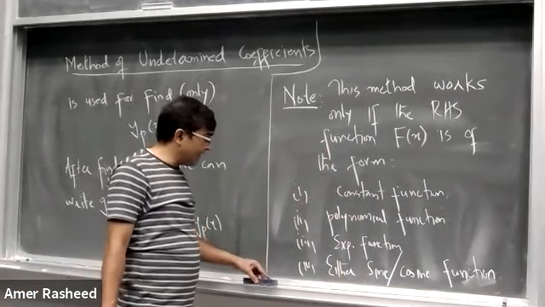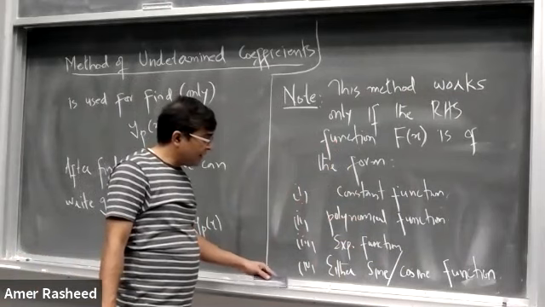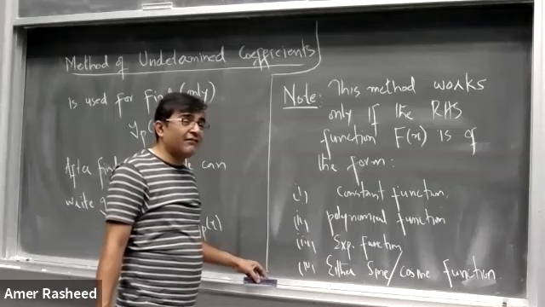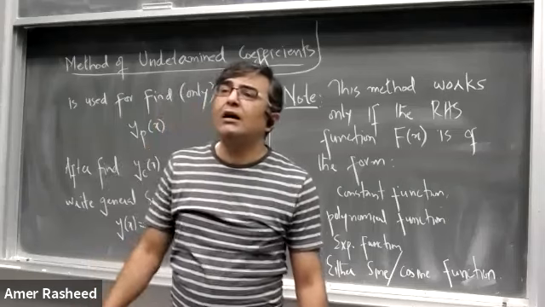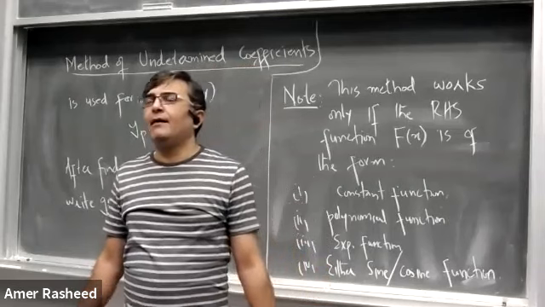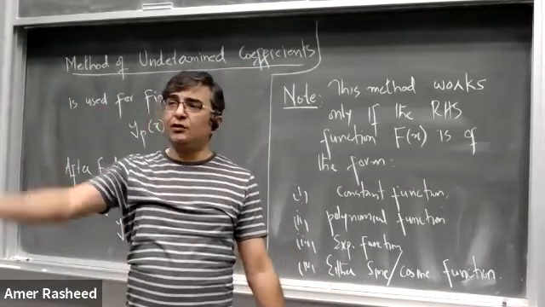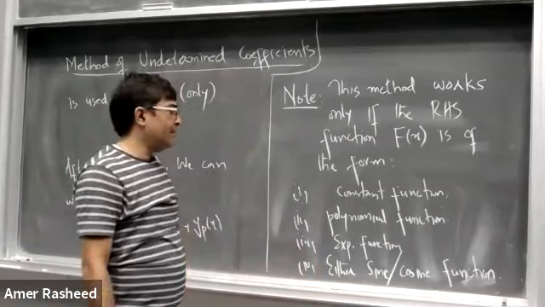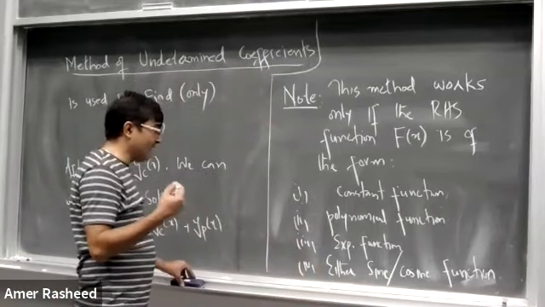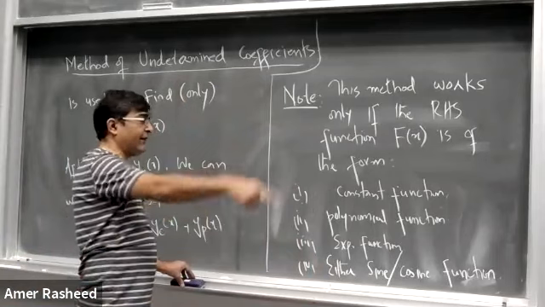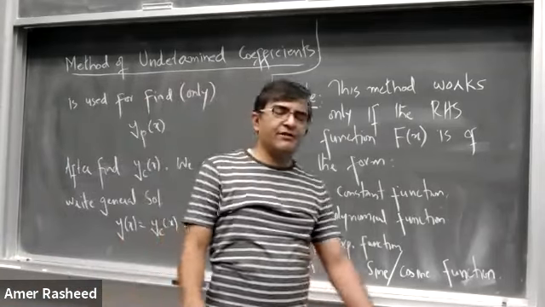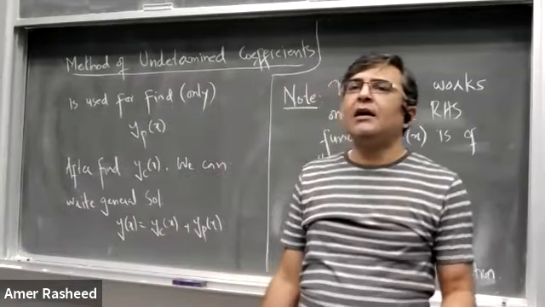And the particular integral can be computed by starting with an assumption for a particular solution, an educated guess motivated by the right-hand side function, which contains certain coefficients, which contains constants.